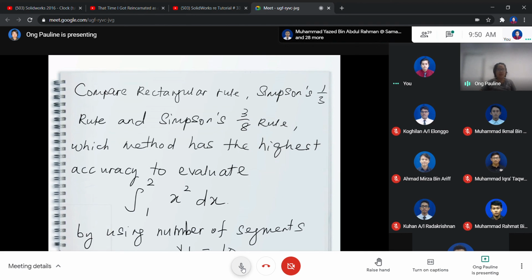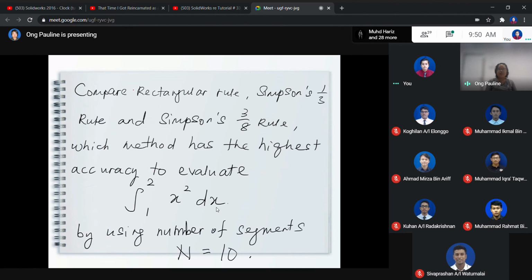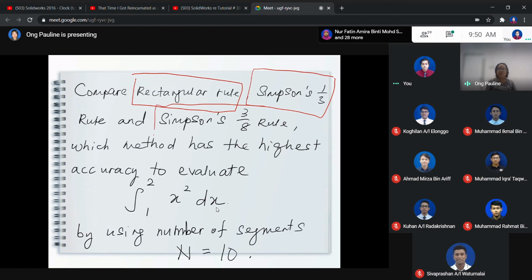So think about how to do this question. We have 3 methods here: the rectangular rule, Simpson's 1/3 rule and Simpson's 3/8 rule. Among these 3 methods, we want to compare which one has the highest accuracy.